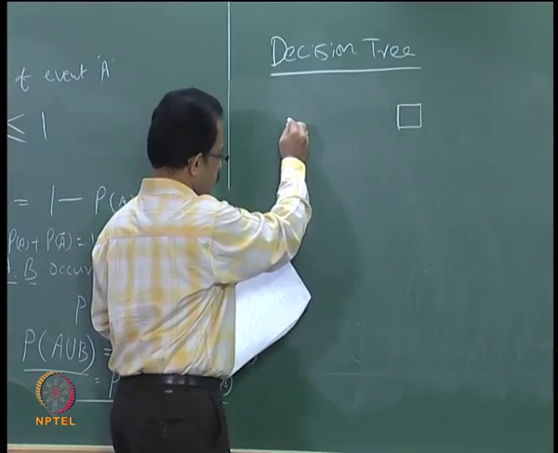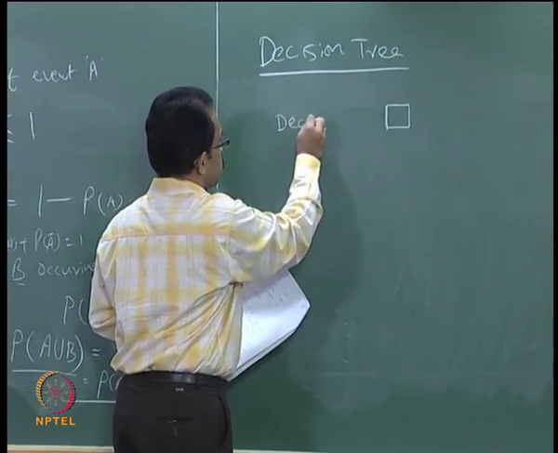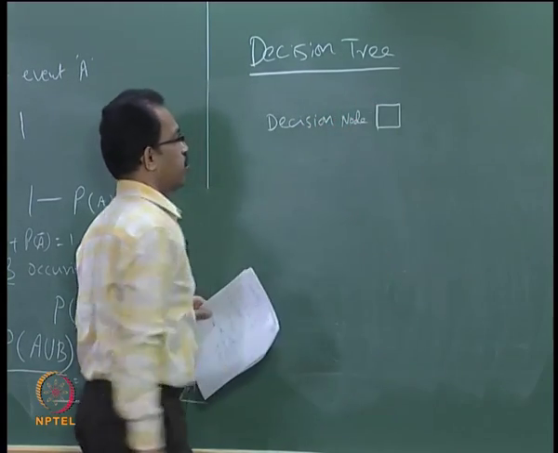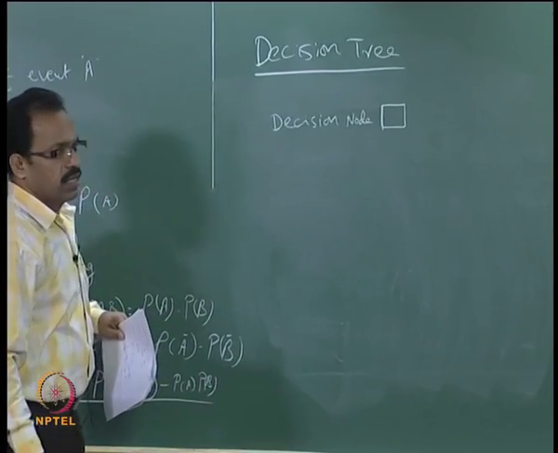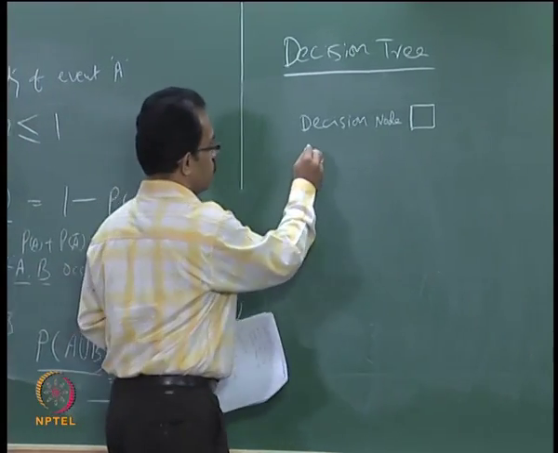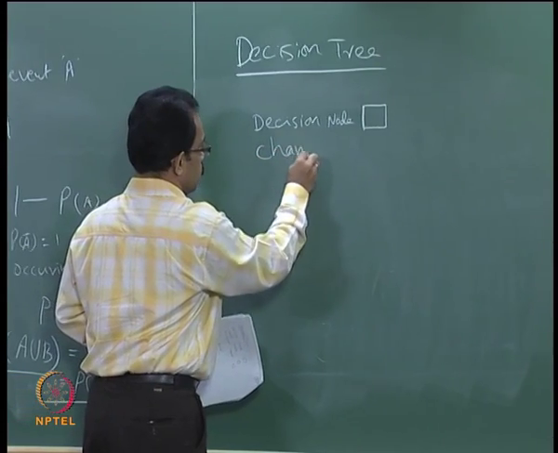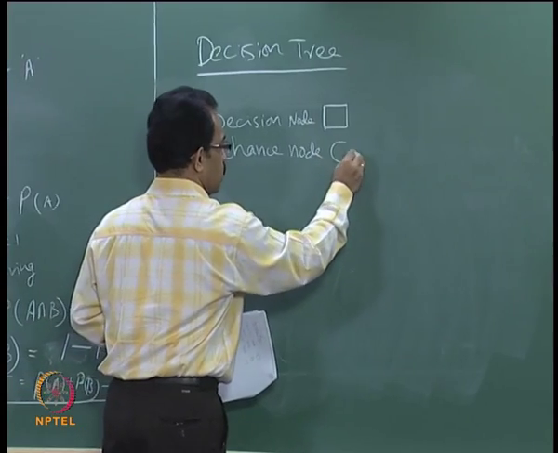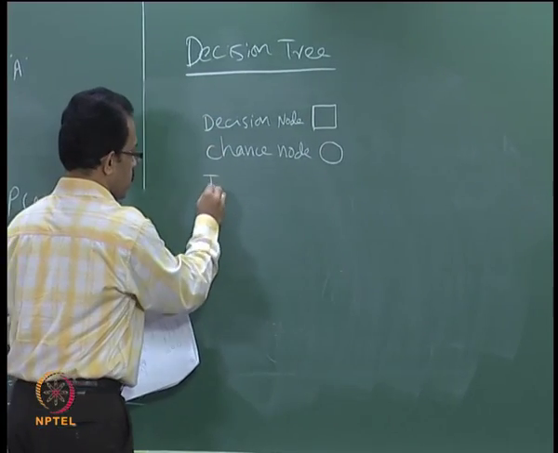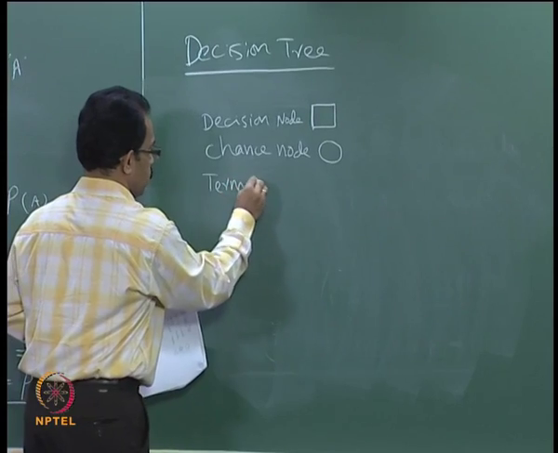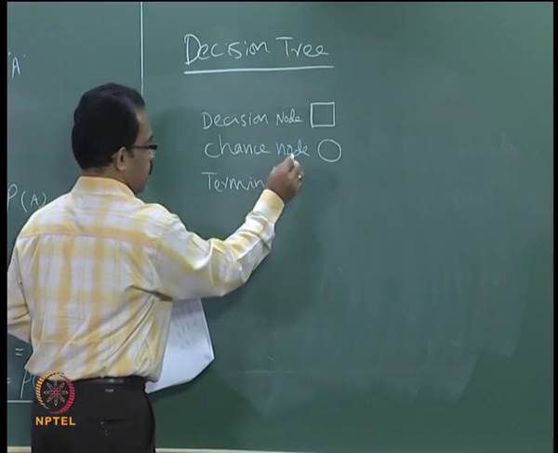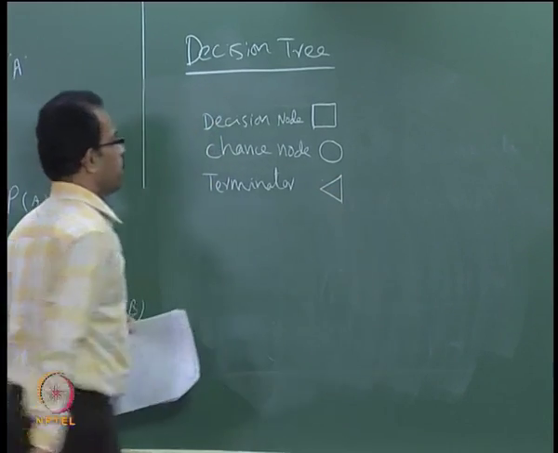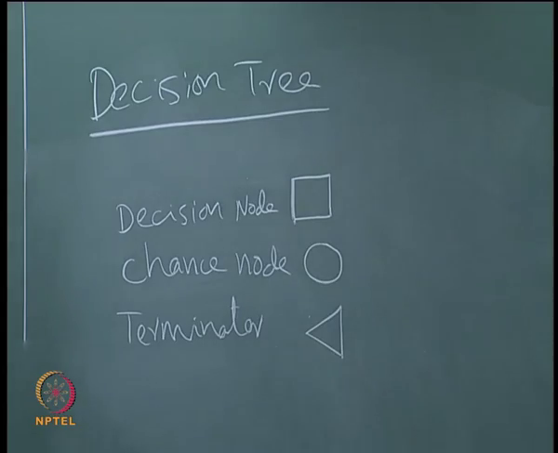The first one is the decision node, which is represented by a rectangle or a square. Then we have the chance nodes, represented by a circle, and then we have the terminator, or the final decision, where that particular tree branch comes to an end. So these are the 3 nodes used in decision trees.